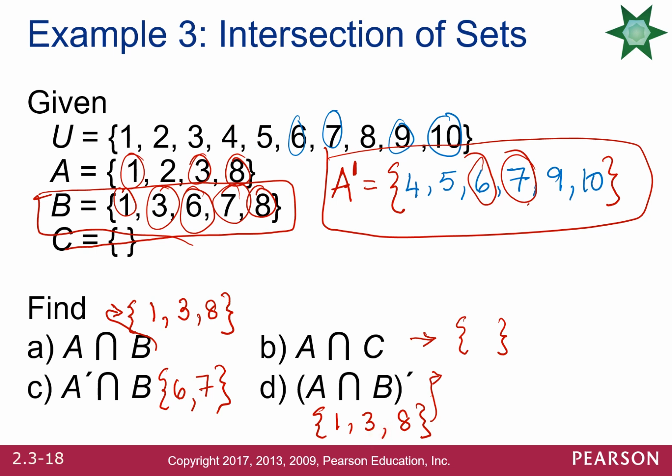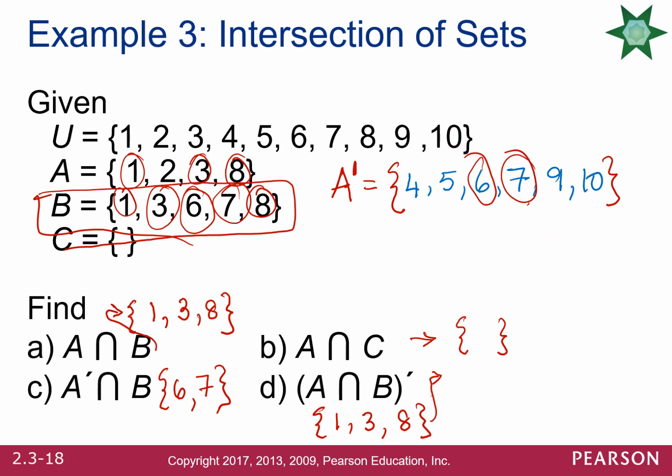I'm going to briefly erase these because otherwise it's going to cause some confusion. So, and then let's cross out the values which are not 1, 3, 8. So we will choose, let's use a different color. 2, 3, well, 3 is common, we cannot choose 3, 4, 5, 6, 7, 9, and 10, right?